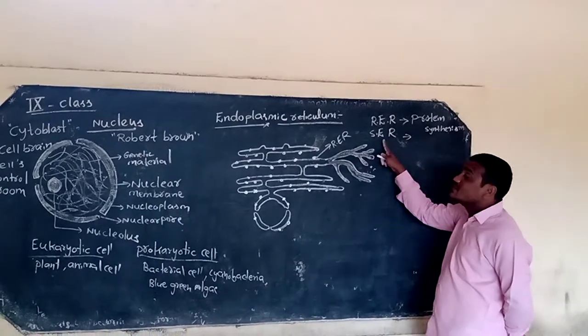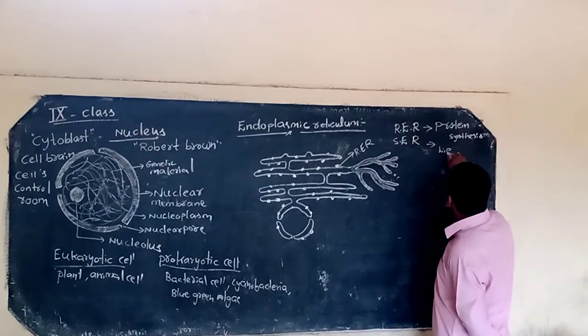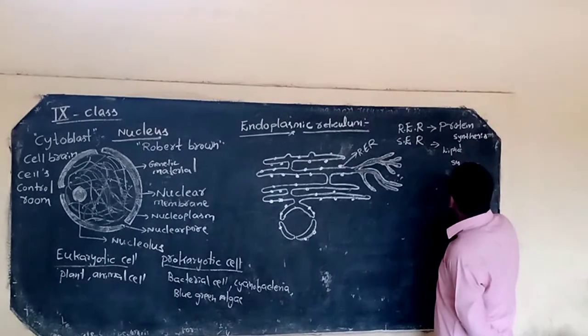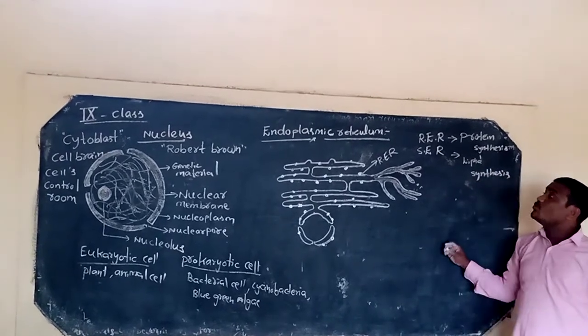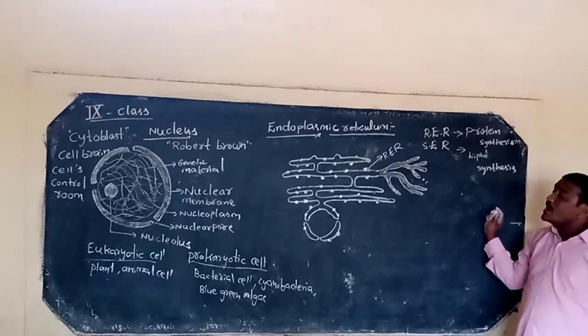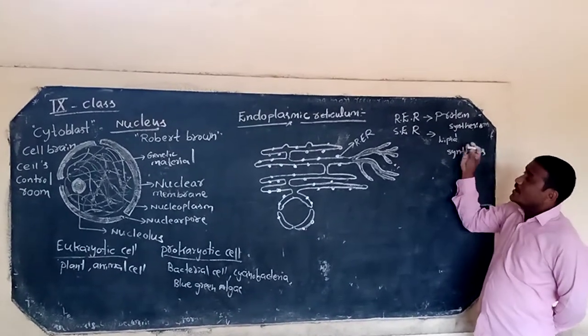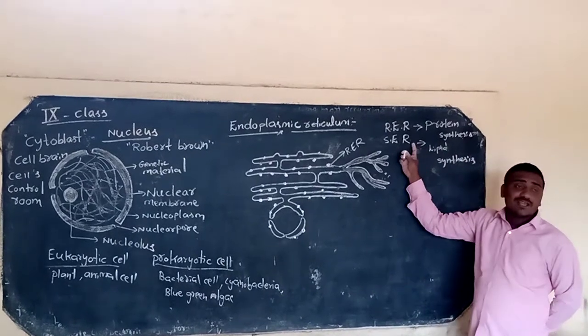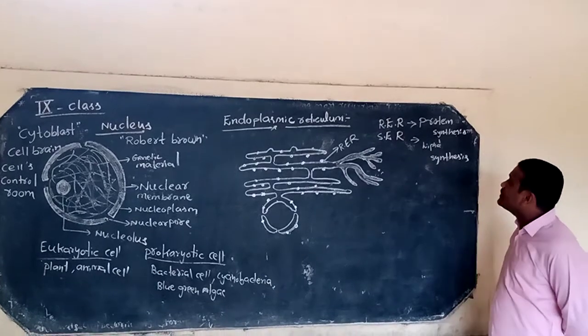The main function of the smooth endoplasmic reticulum is lipid synthesis. So, endoplasmic reticulum is classified into two types: rough endoplasmic reticulum and smooth endoplasmic reticulum.